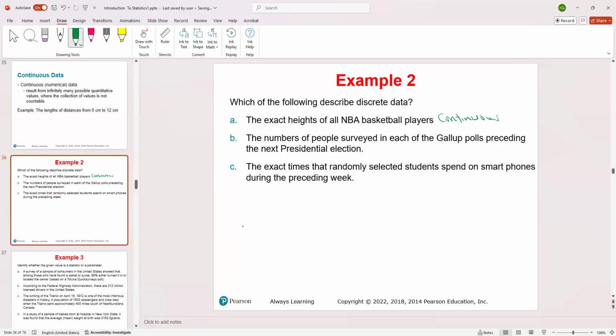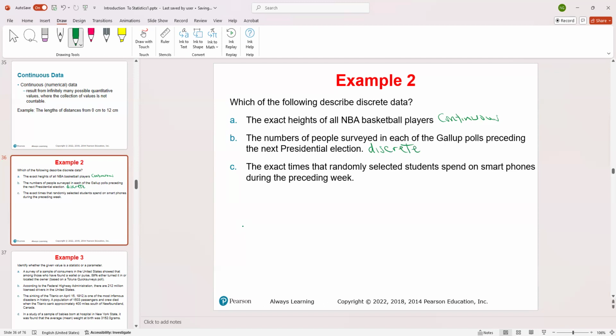The number of people surveyed in each of the Gallup polls preceding the next president. Is there any way you can obtain a number of people as a decimal? No, people are always whole numbers. So 10 people, 20 people, never 20.5 people. So B, yes, B is discrete, because there is no possibility of obtaining a decimal, all right?